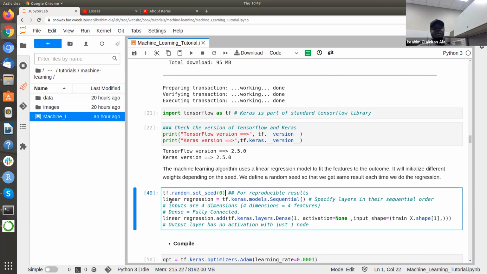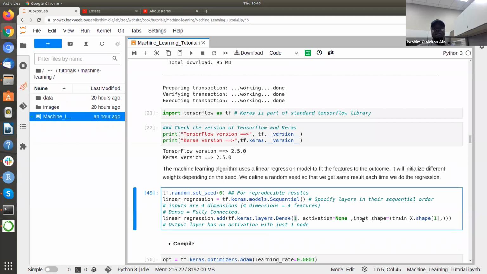The next thing here is to specify your sequential model. What sequential really means here is that the output of your previous layer goes directly into the input of the next layer. Then you specify the layer of your regression, which means since you are predicting just one snow depth, you have this.